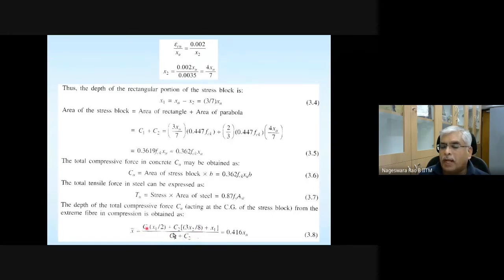If you do this manipulation, that is how you get 0.42 xu, or up to 3 significant digits, 0.416 xu.